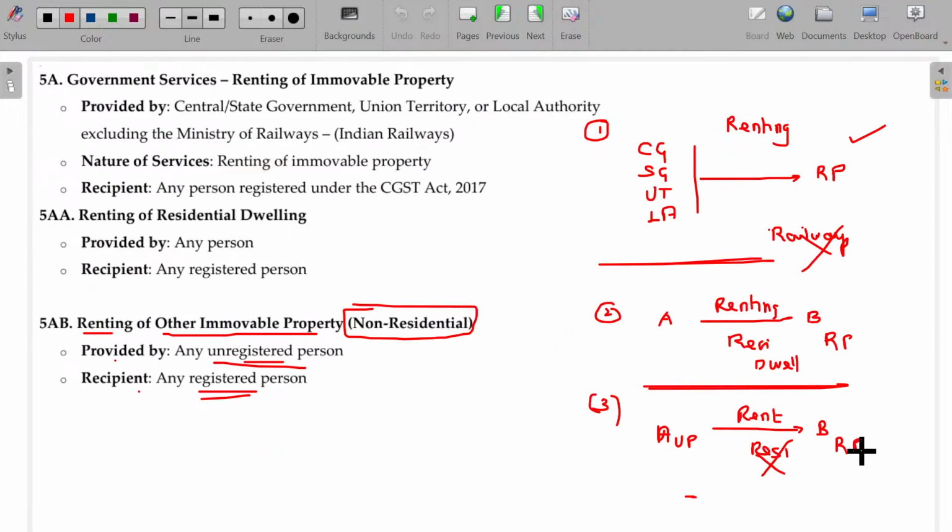Next case being renting of immobile property, where the recipient is a registered person under GST and it is a residential dwelling. Residential dwelling is applicable only when it is received by a registered person. Then GST is applicable under RCM basis. Renting of immobile property other than residential dwelling, if the supply is done by an unregistered person and the recipient is a registered person, then automatically GST is applicable under RCM basis.